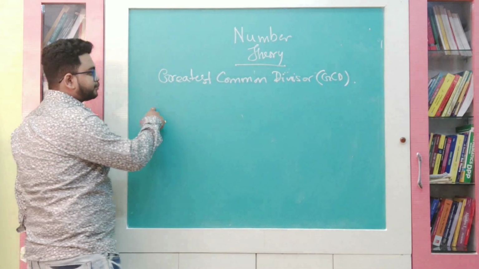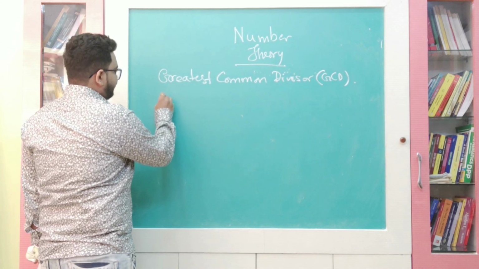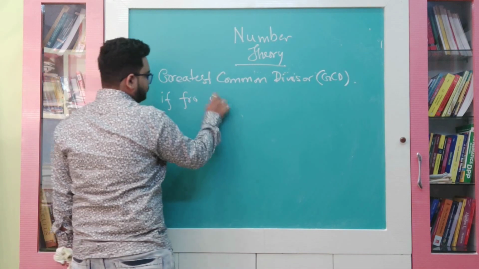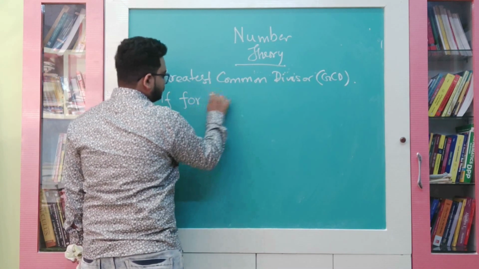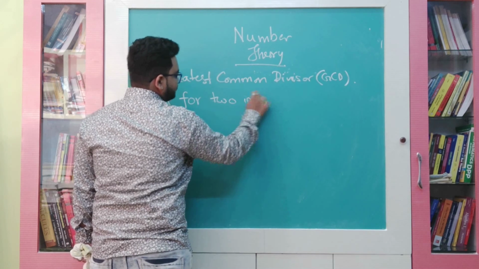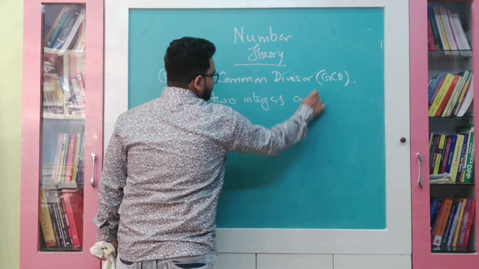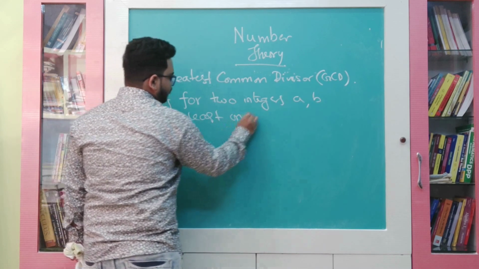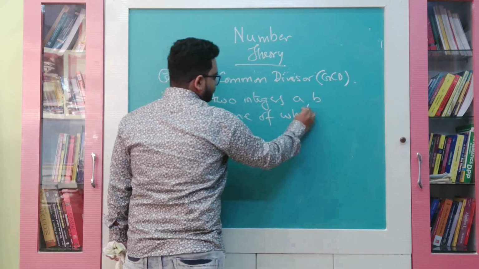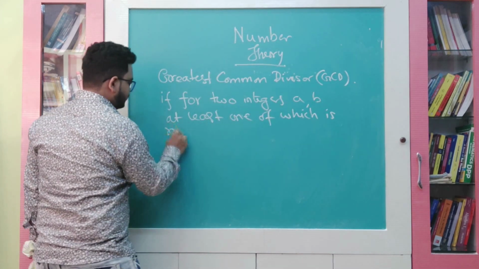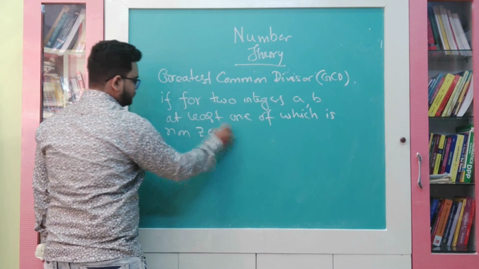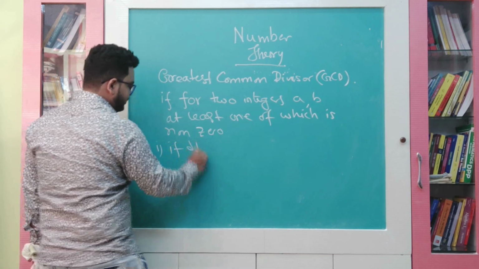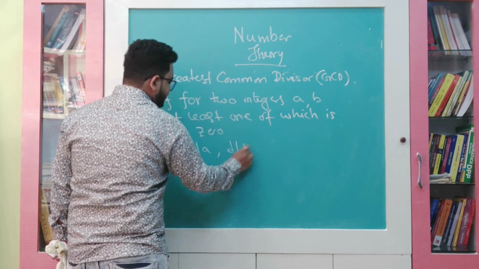For two integers a and b, at least one of which is non-zero, first, g divides a and g divides b.